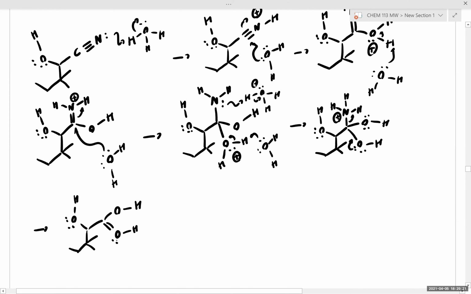And for our final cleanup step, we generally don't isolate cationic species. We generally isolate neutral species. What's the last step in this mechanism?